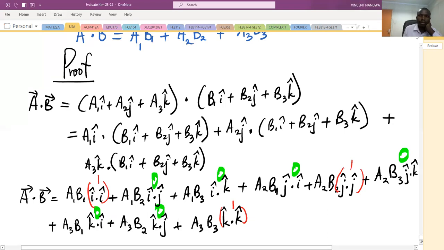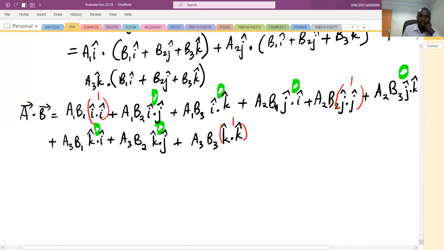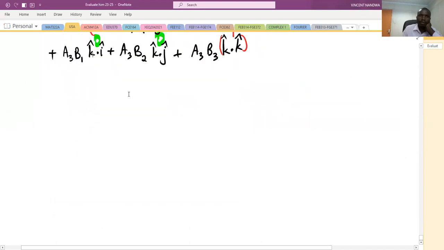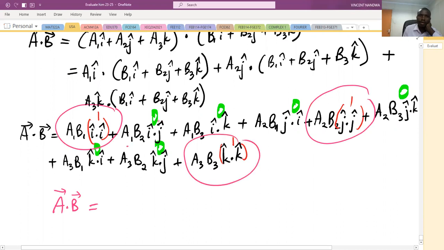to simply A dot B equals, now we'll just have this term and this term, because this one goes to 0, this one goes to 0, and so on.